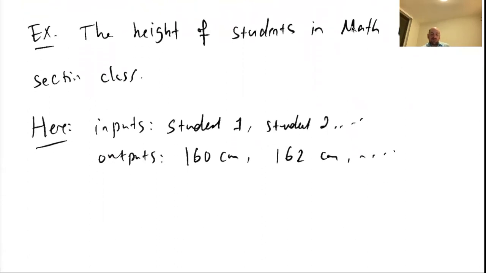So the inputs here are students. Each student has exactly one height, right? So that's how we decide whether something is a function or not. We want to know whether exactly one output is assigned to every input. And here every student has exactly one number as his or her height. So we can say that we have a function here.